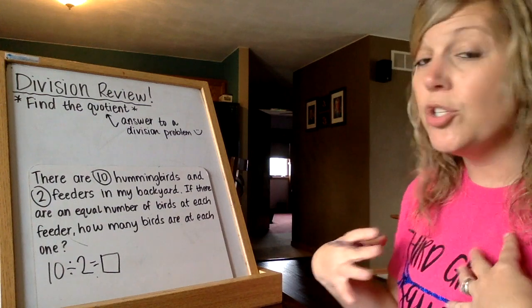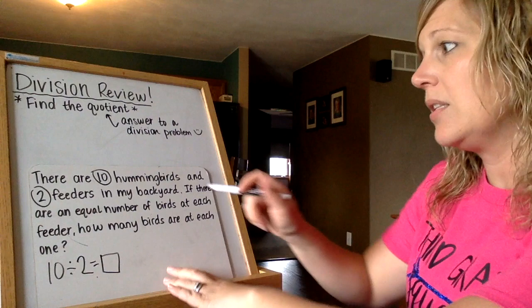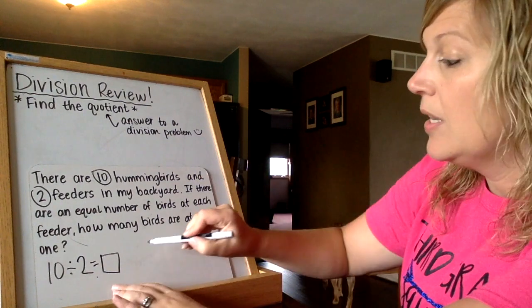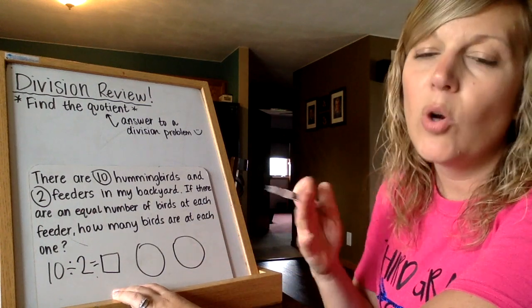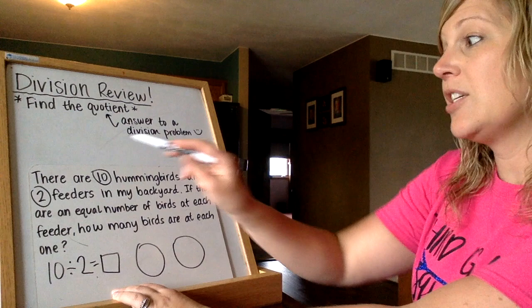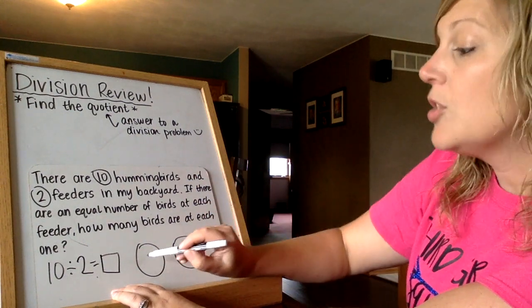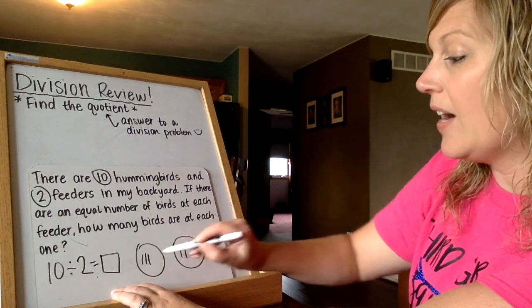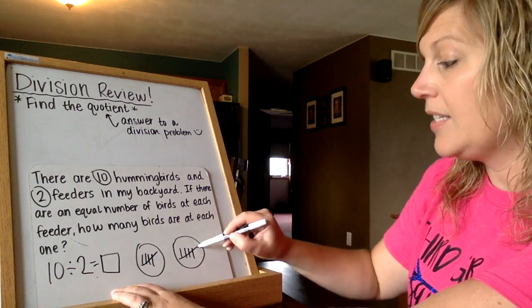So what I would do is think in my head, okay, I've got to picture this, act this out and model it. There are 10 hummingbirds and there are 2 feeders. So I'm going to draw 2 feeders, or 2 circles. And then I'm going to share out my hummingbirds to each one to find out how many are there. 1, 2, 3, 4, 5, 6, 7, 8, 9, 10.